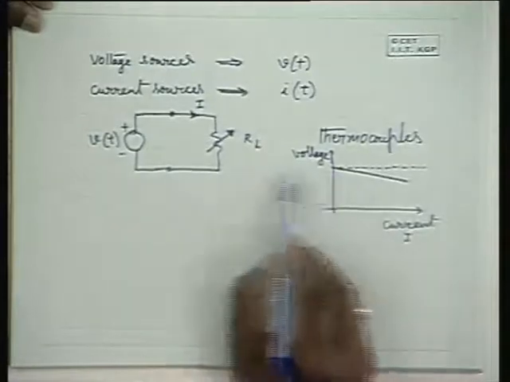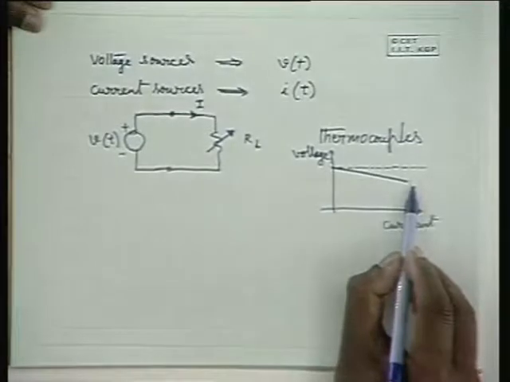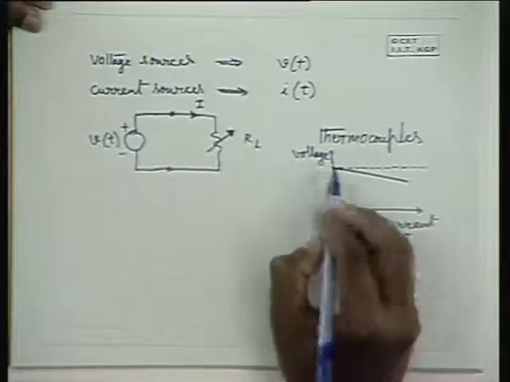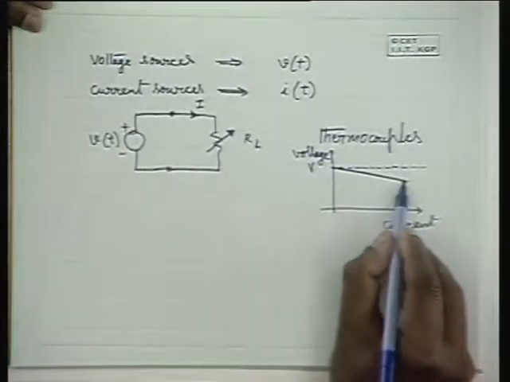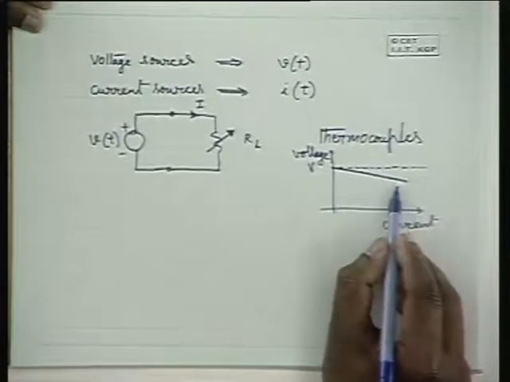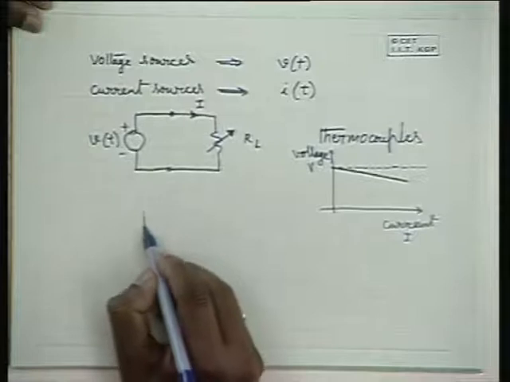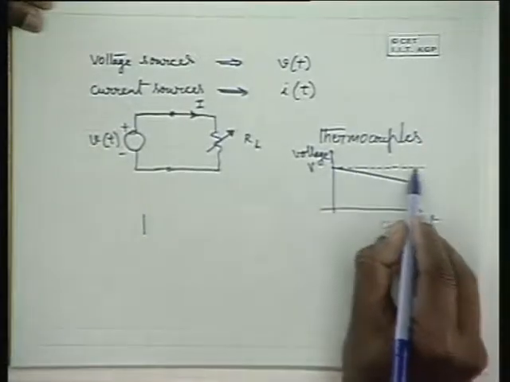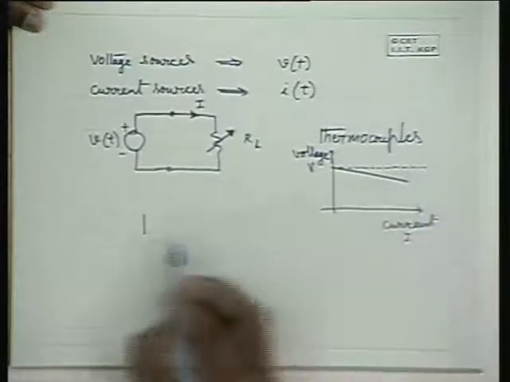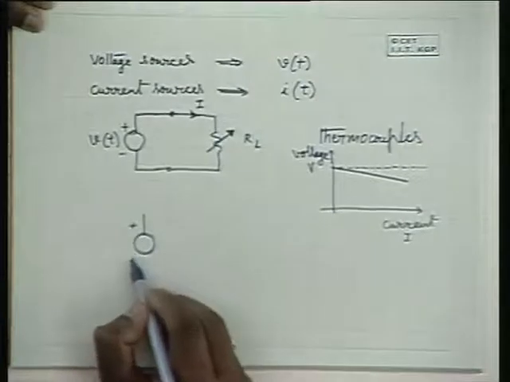So the voltage of the voltage source is governed by this kind of equation. When current is 0, it is V, and when current is high, it falls to some extent. If it is an ideal voltage source, the voltage should remain constant like this.